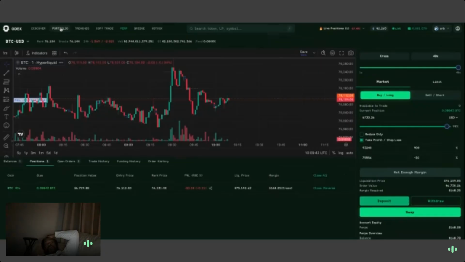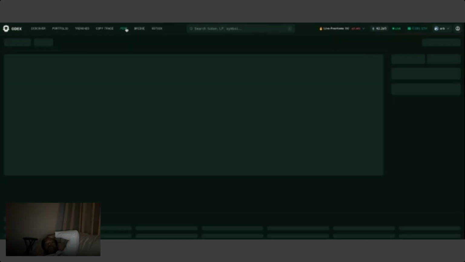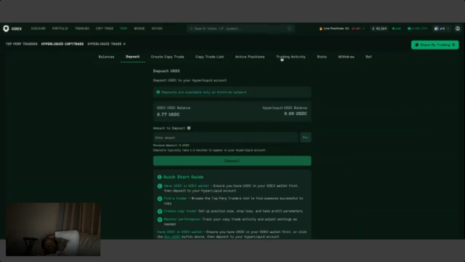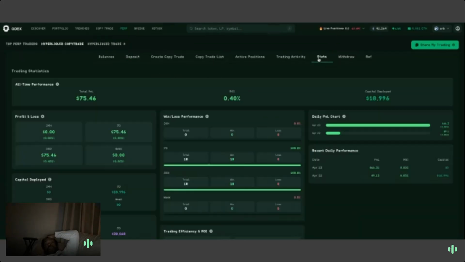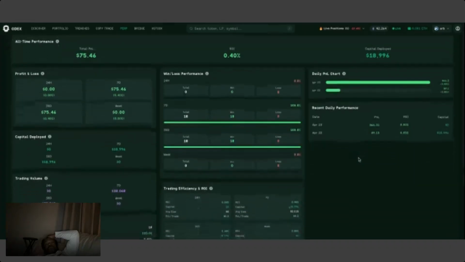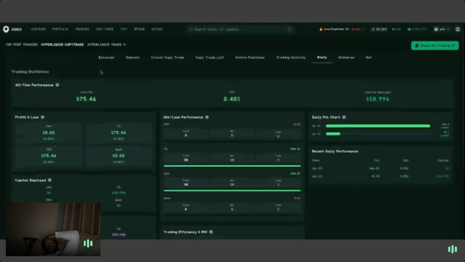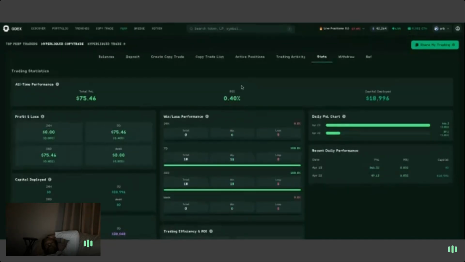if we go to perps and you go to stats, you can see on this wallet, I traded $18,000, almost $19,000. My P&L is $75.